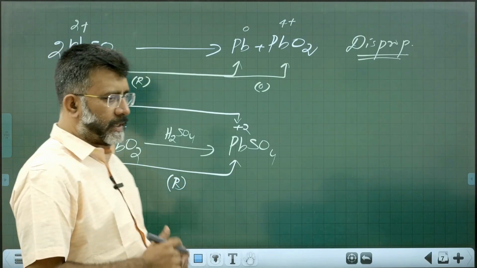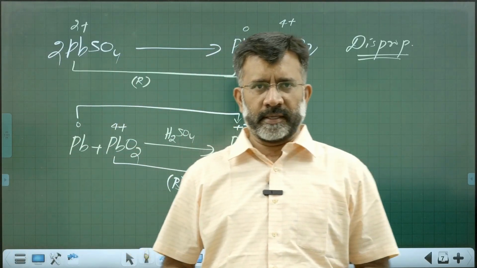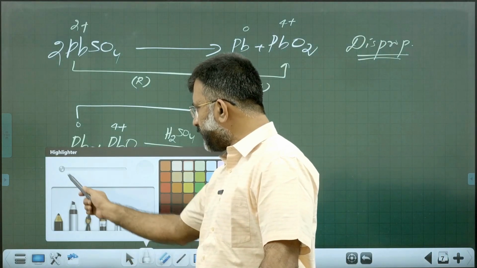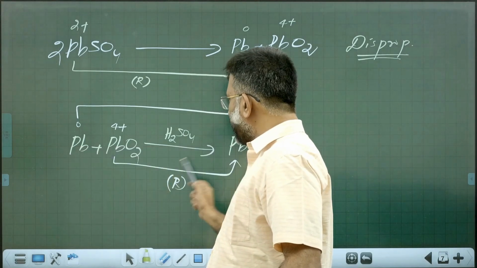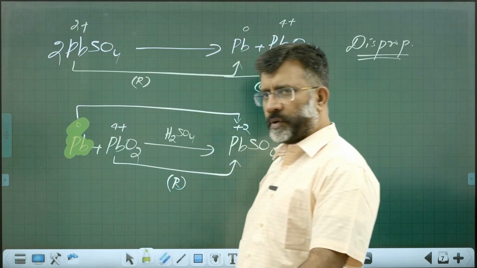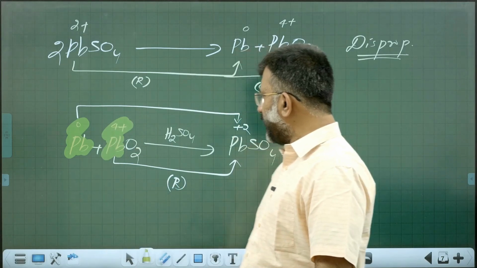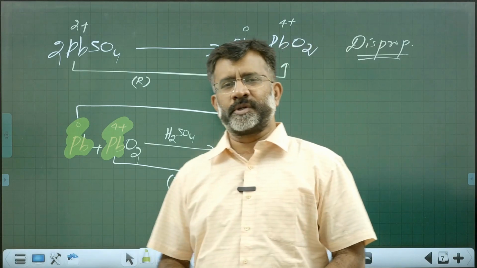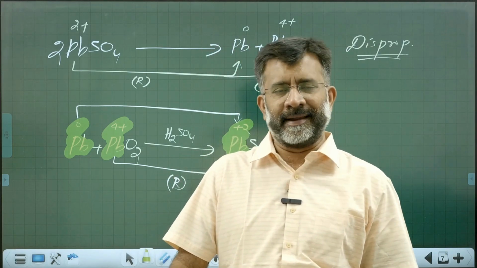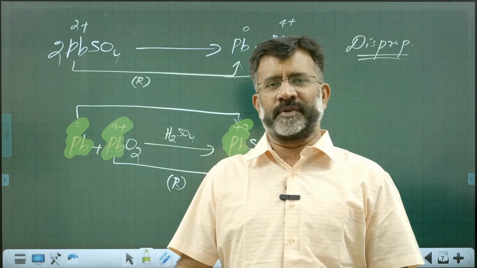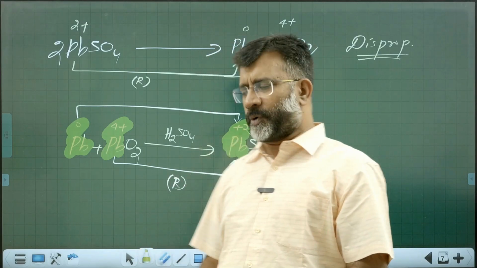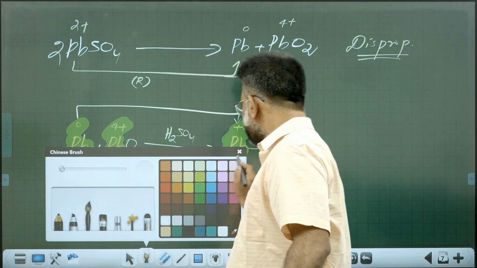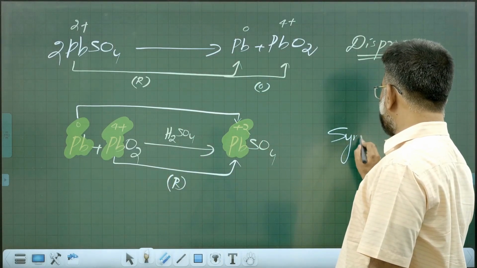The point is that the same element from two different situations, lead 0 and lead 4 plus, is coming to a common point, which is somewhat opposite to a disproportionation reaction. It is another type of redox reaction, which you call a comproportionation reaction, or synproportionation reaction.